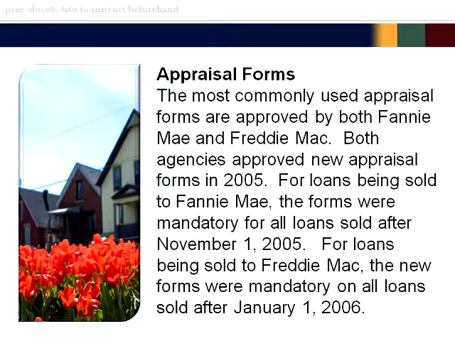The most commonly used appraisal forms are approved by both Fannie Mae and Freddie Mac. Both agencies approved the new appraisal forms in 2005. For loans being sold to Fannie Mae, the forms were mandatory for all loans sold after November 1, 2005. For loans being sold to Freddie Mac, the new forms were mandatory on all loans sold after January 1, 2006.